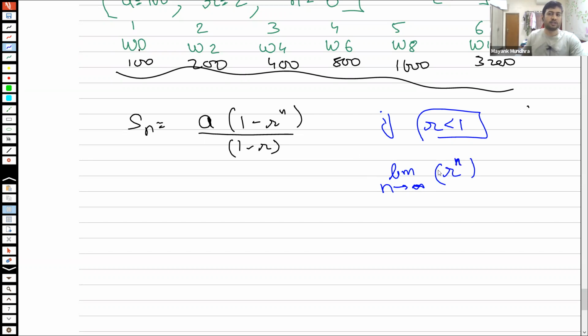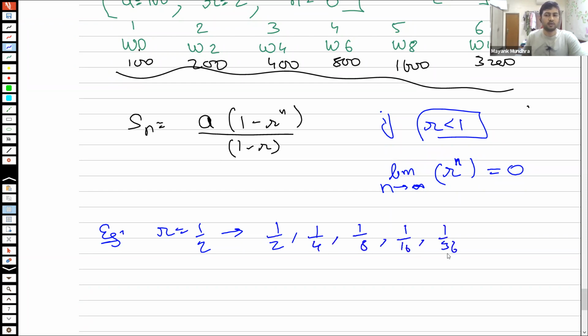As n keeps on increasing, this r to power n will be 0. Right? Take r equals half. So what are r powers? 1, 1 by 2, for r to power 1, r to power 2 would be 1 by 4, 1 by 8, 1 by 16, 1 by 32, and so on. So as you can see, this number is going to 0 as you keep increasing it.